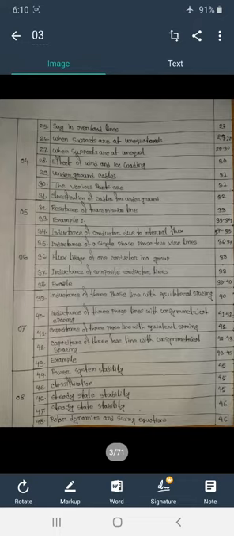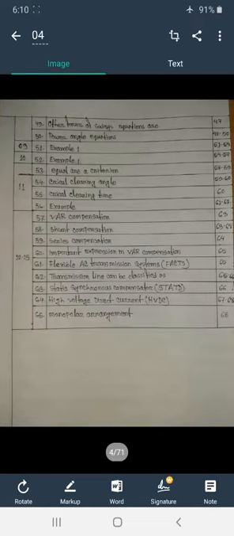Steady state, rotor dynamics and swing equations. Other forms of swing equation are the power angle equation. Example 1, example 2.